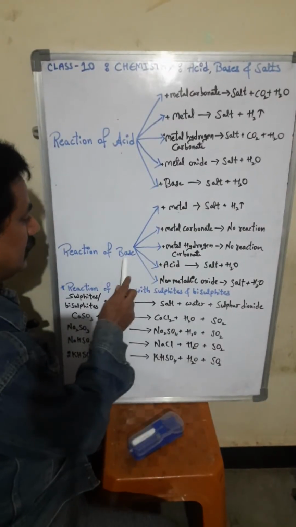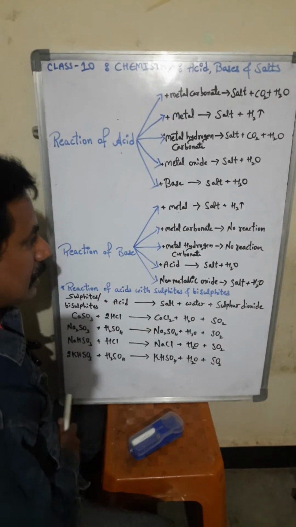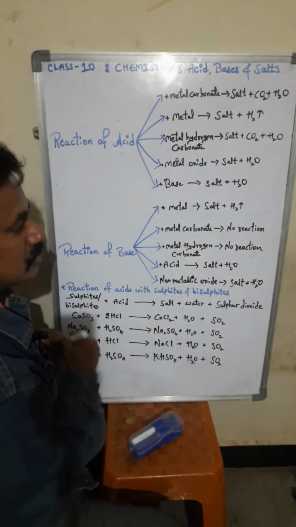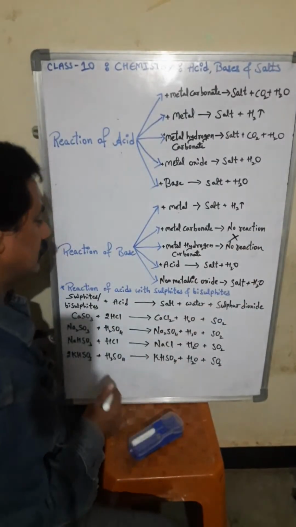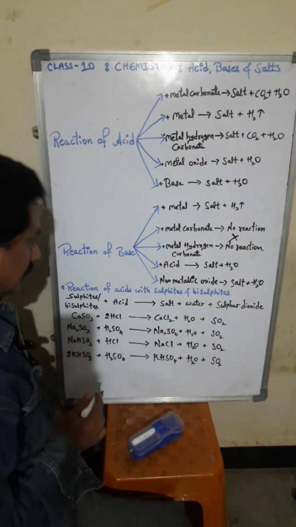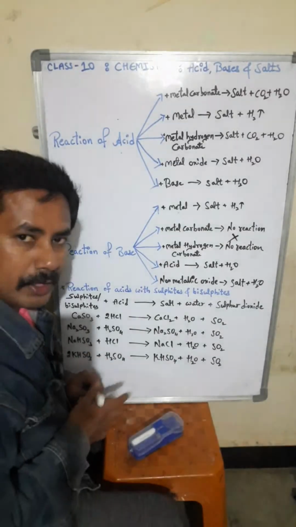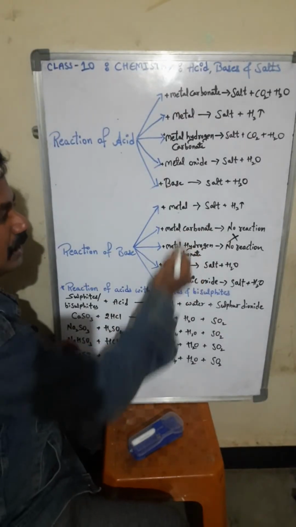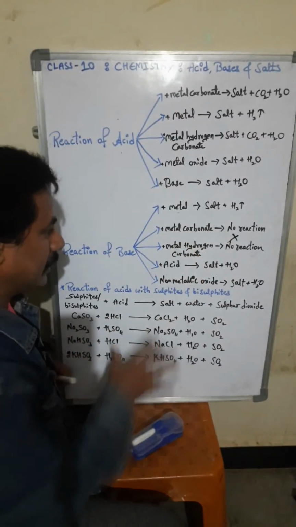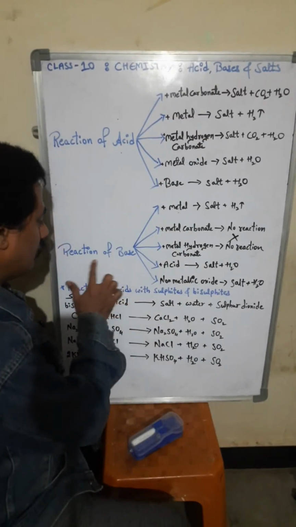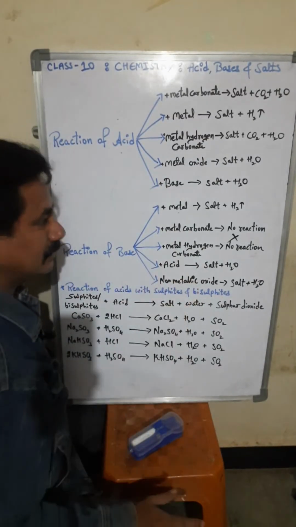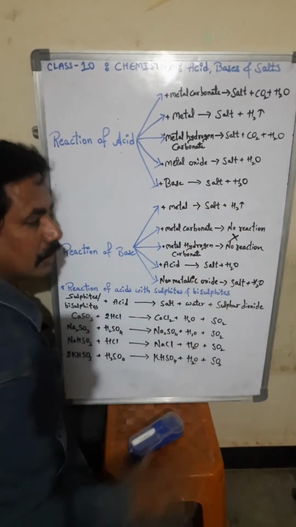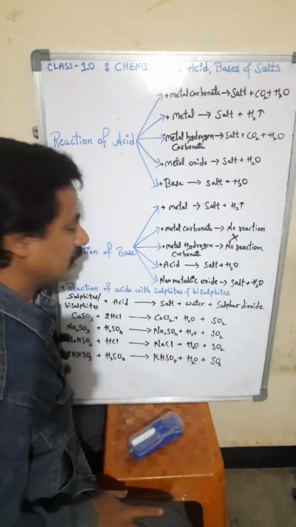When base reacts with metal carbonate or metal hydrogen carbonate, there will be no reaction, students. Base will not react with metal carbonate or metal hydrogen carbonate. When base reacts with acid, it gives salt plus water, a neutralization reaction.